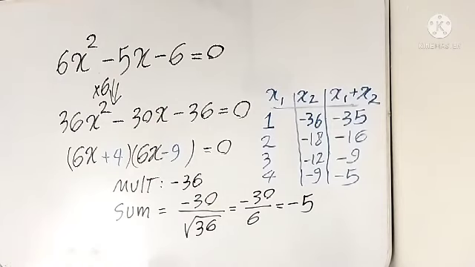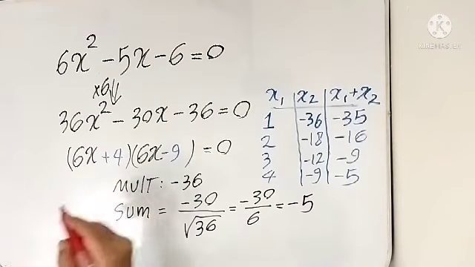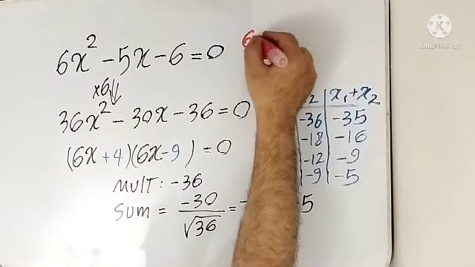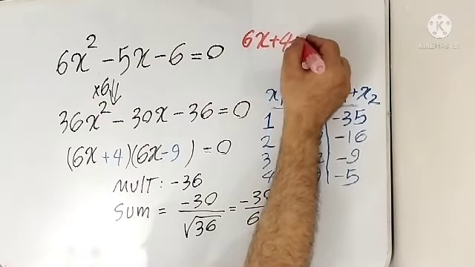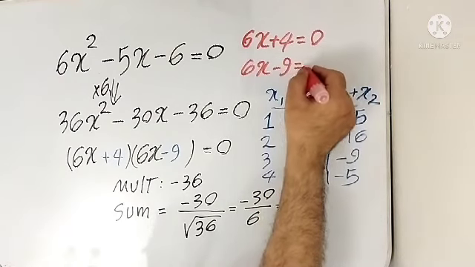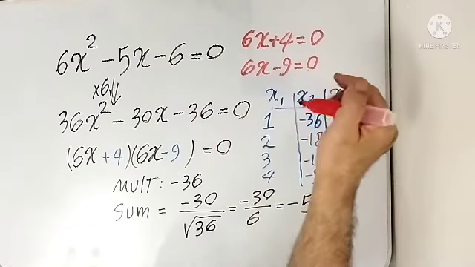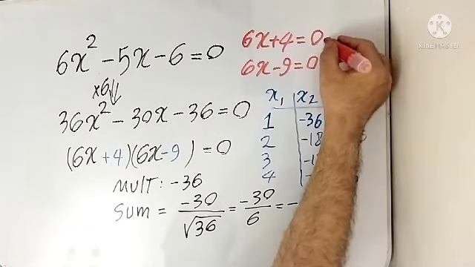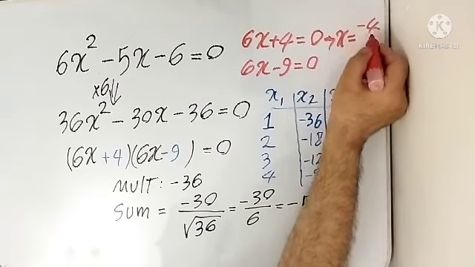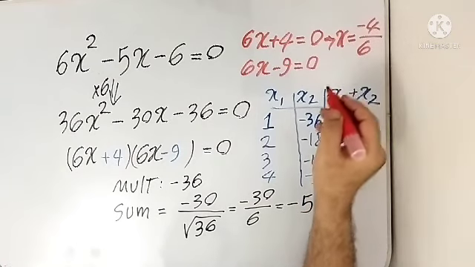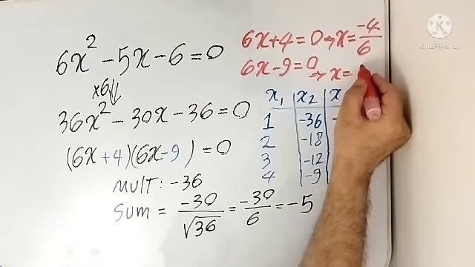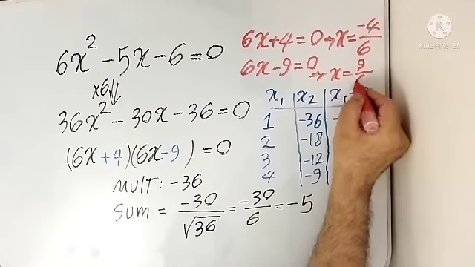From the first equation, the result is minus 4 divided by 6, and from the second equation, the result is 9 divided by 6.